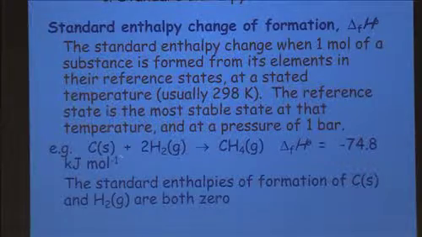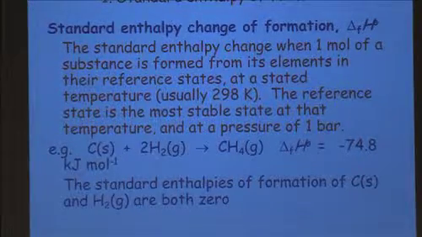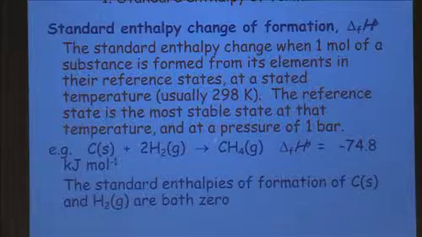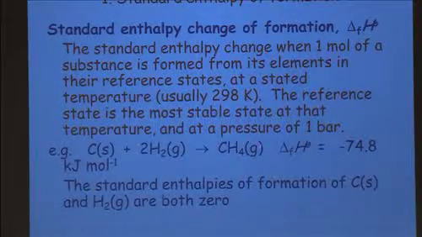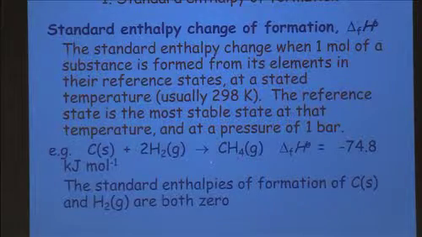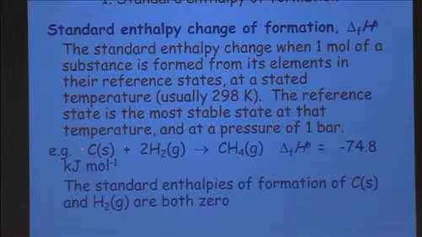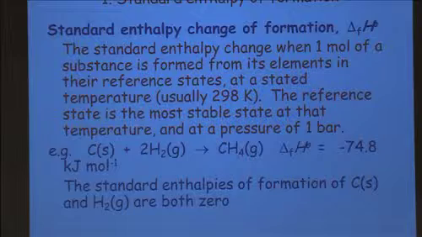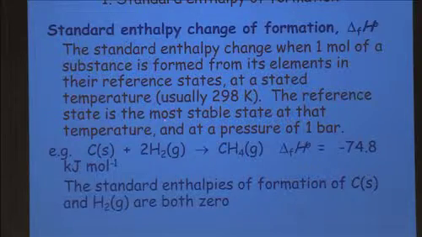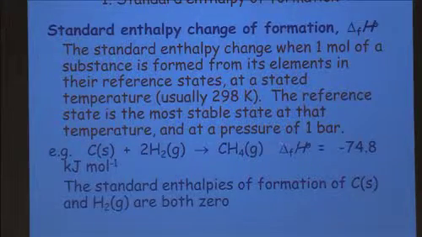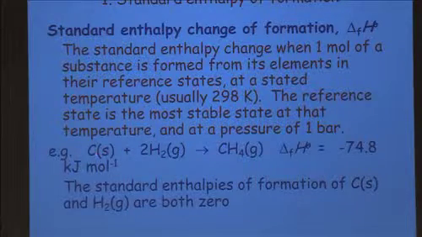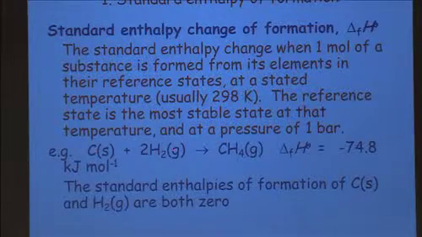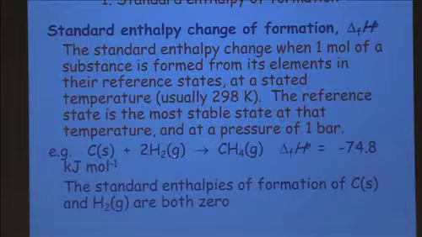So here's an example. The enthalpy of formation of methane at 298 K, it's a gas under those conditions. So we have the elements in their most stable states at 1 bar and 298 K: carbon, solid, and hydrogen, molecular hydrogen gas.